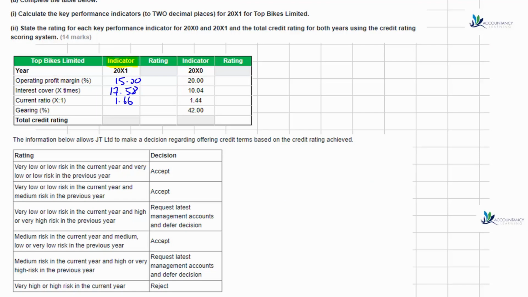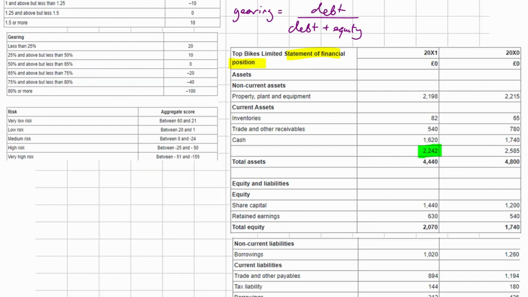And then finally, we have to work out the gearing. There are lots of different ways of calculating gearing, but the one that AAT wants you to use is debt divided by debt plus equity. We have our debt figure of 1,020, and then our equity is 2,070. So for our gearing, we have the 1,020 as the numerator, and then we're dividing by the 1,020 plus the equity.